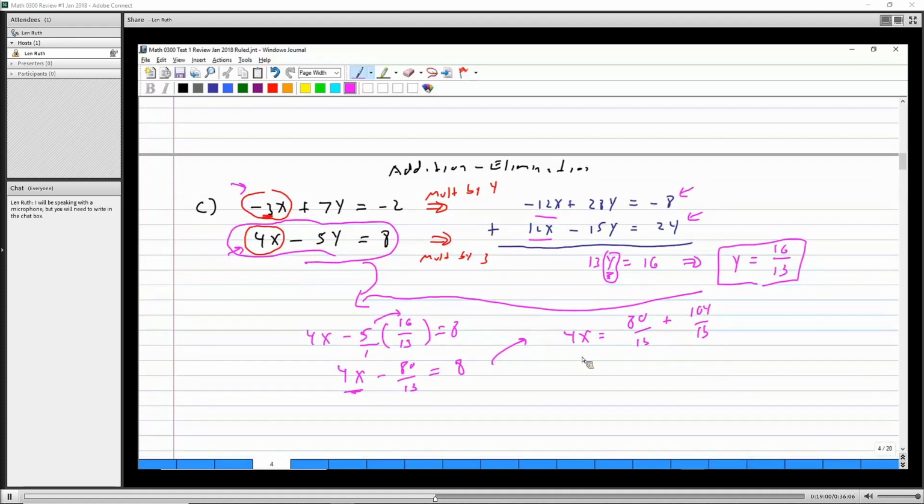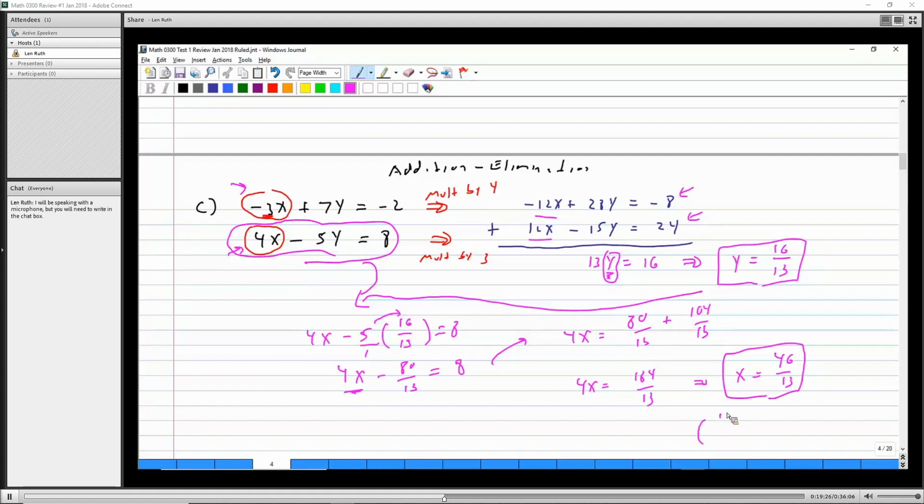So 4x is 184 over 13. Then divide by 4. 184 divided by 4 is 46. So 46 over 13.